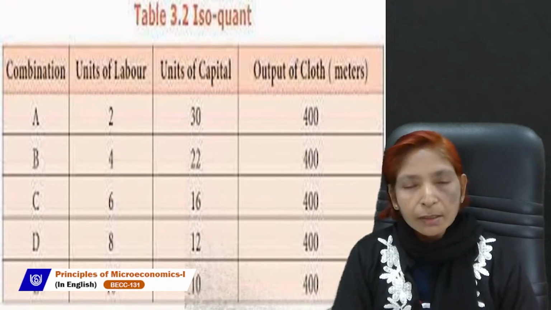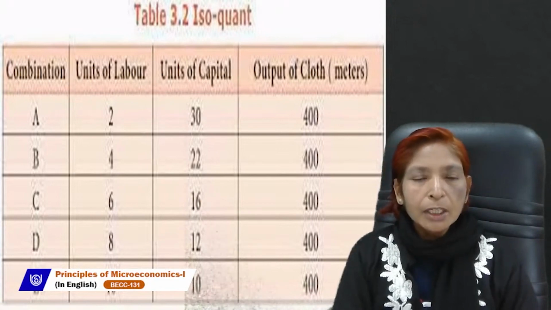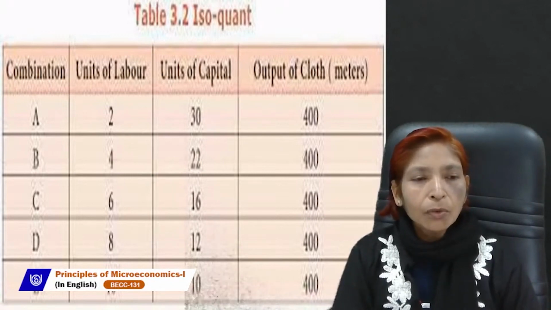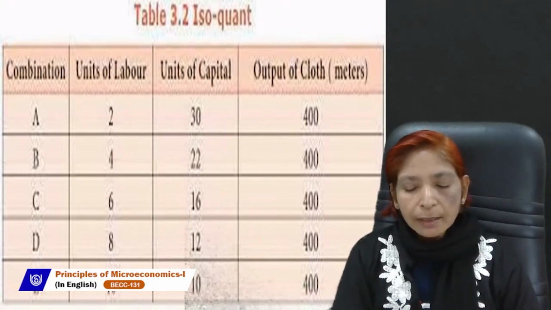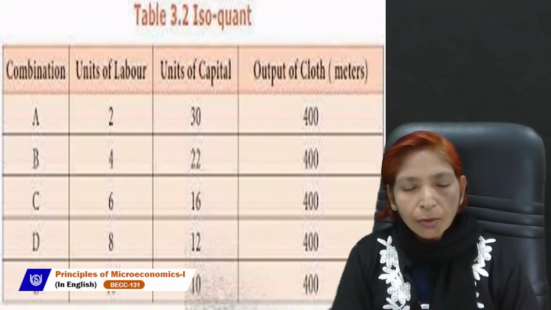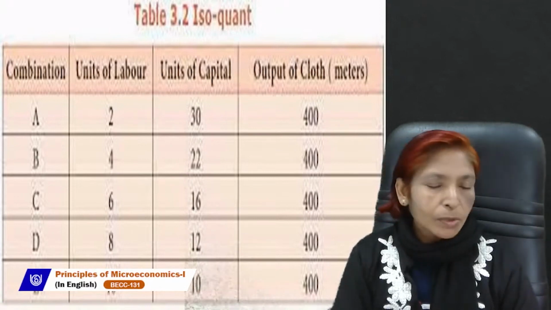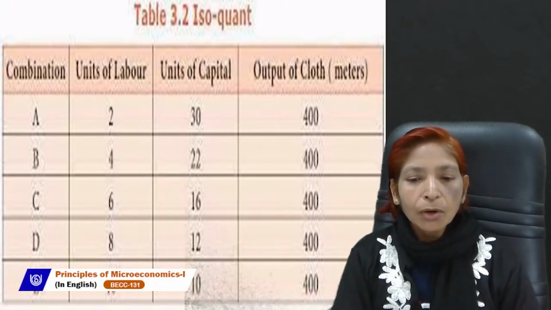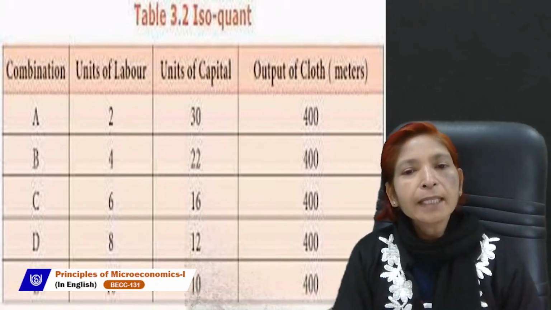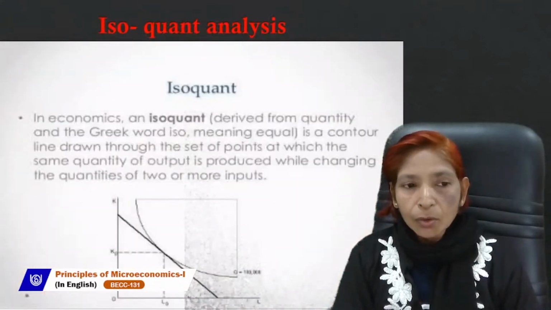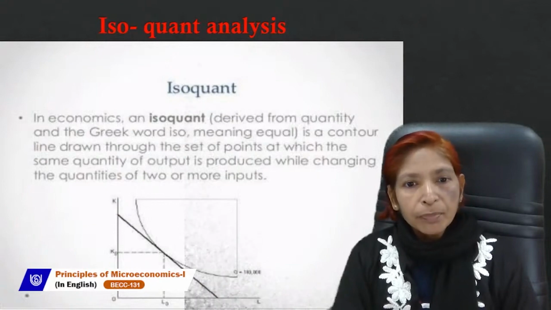So isoquant, which is clear by its name, it shows the same level of output by using two factors of production, and these different combinations show that isoquant represents the same quantity of output. Either we can choose A combination or B combination or C combination or D or E, but we will get same level of output.